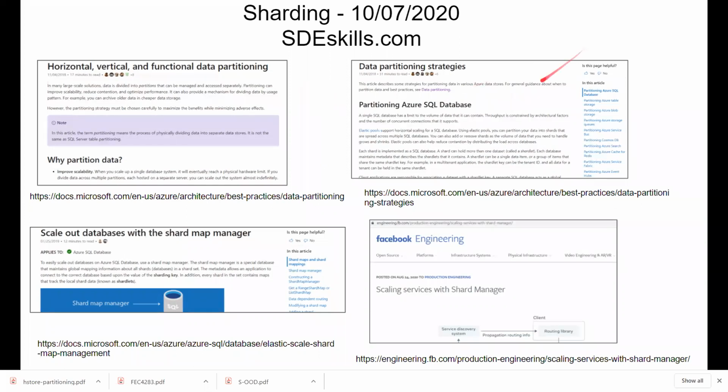This second article was very interesting. You see the index here? I was hoping it would give me a good picture of how partitioning and sharding are done across this family of Azure services.